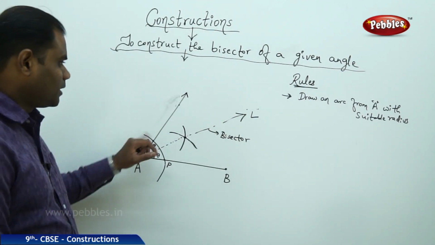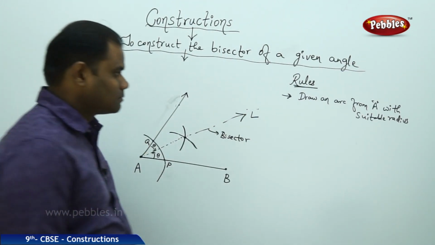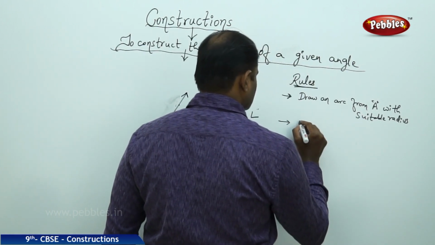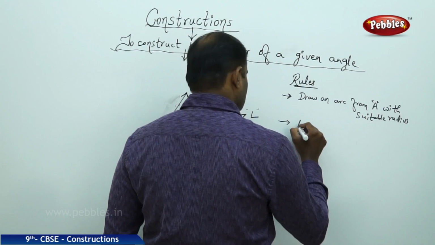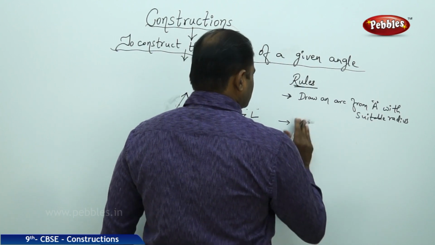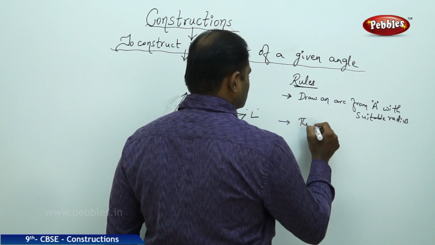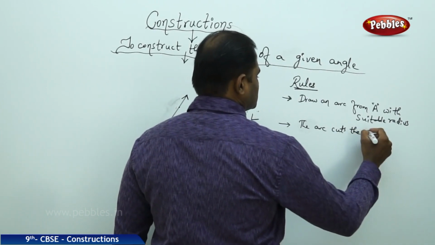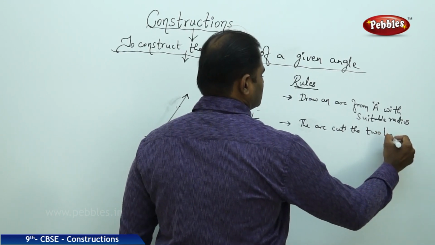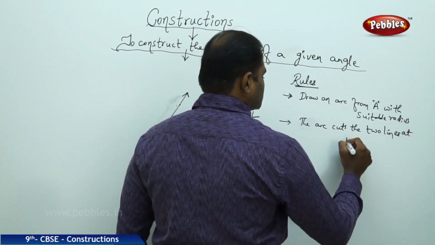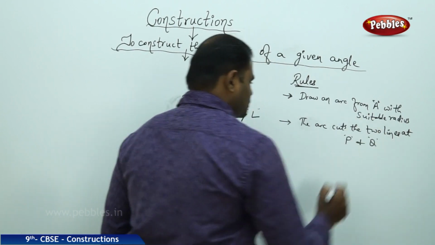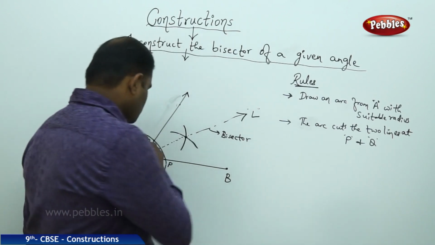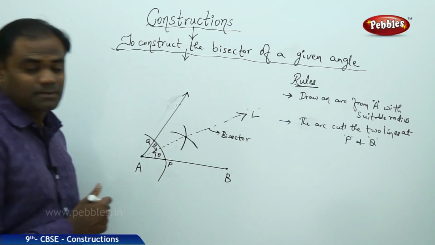Secondly, the arc which is drawn cuts the two lines at P and Q, as we have noted down. So mark them with P and Q where the arc cuts the two lines.